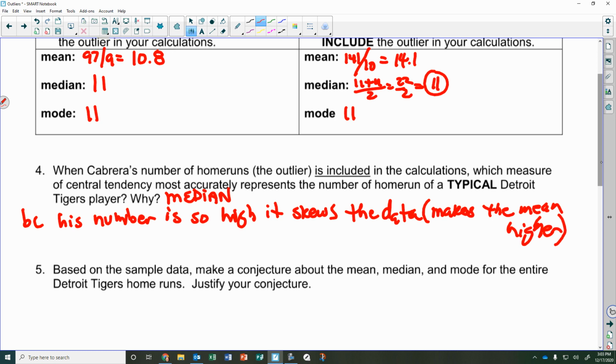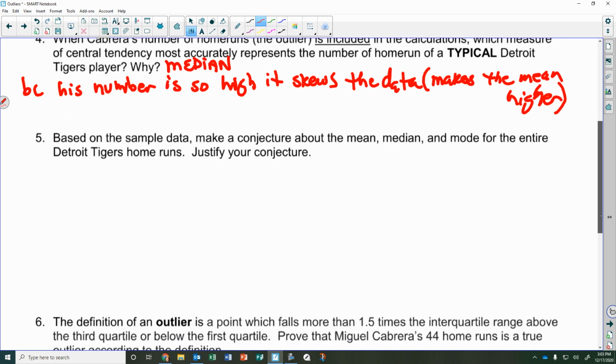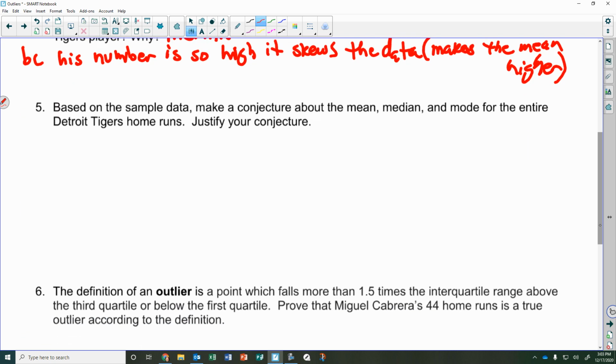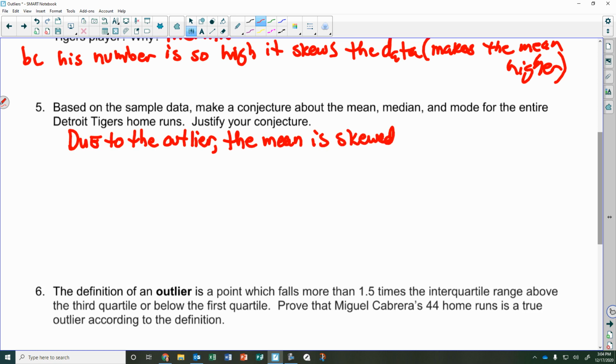All right, so based on the sample data, make a conjecture about the mean, median, and mode for the entire Detroit Tigers home runs. Justify your conjecture. Well, due to the outlier, the mean is skewed up because that made it higher, right? It went from 10.8 to 14.1.